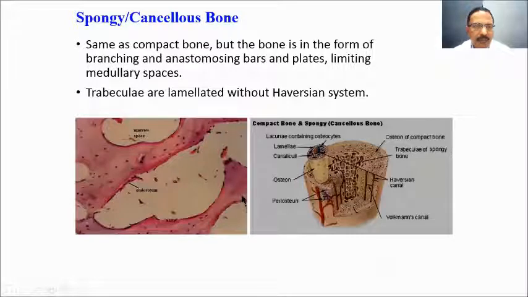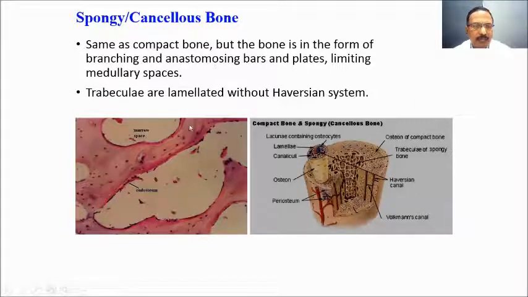Coming to the cancellous bone, as I told you, that is also made up of sheets of bone or lamellae, but here it is not forming Haversian systems.